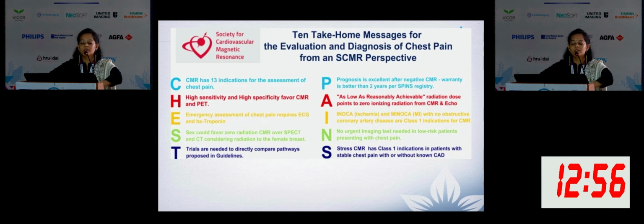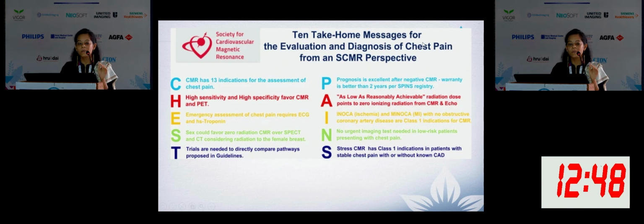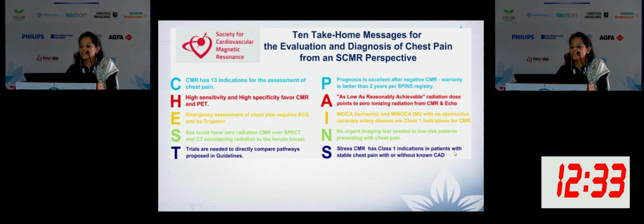So this was the conclusion. The take-home messages from the SCMR perspective for evaluation and diagnosis of chest pain: high sensitivity and high specificity are seen in CMR and PET, and PET has the disadvantage of radiation, while stress CMR has a class 1 indication in patients with stable chest pain with or without known coronary artery disease.